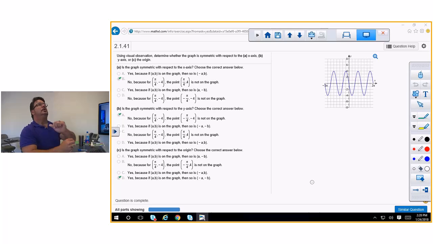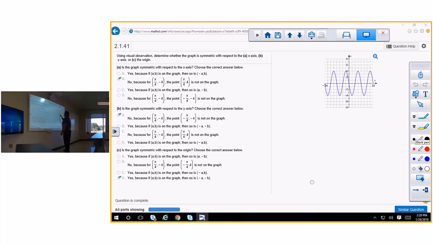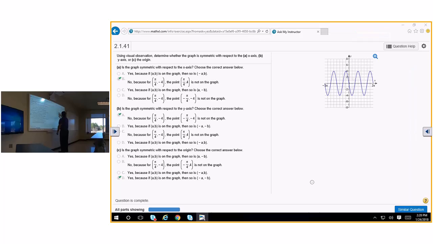So it says, use visual observation to determine whether the graph is symmetric with respect to the x-axis, y-axis, or the origin. Okay, so let's first of all look at the origin. The origin is what it's asking for. So what you want to do is just draw a dot right here.